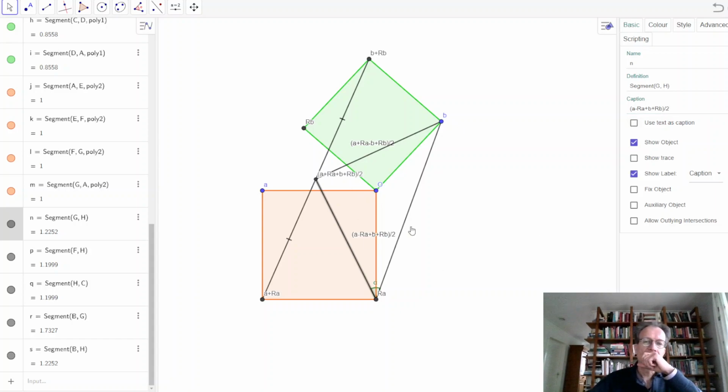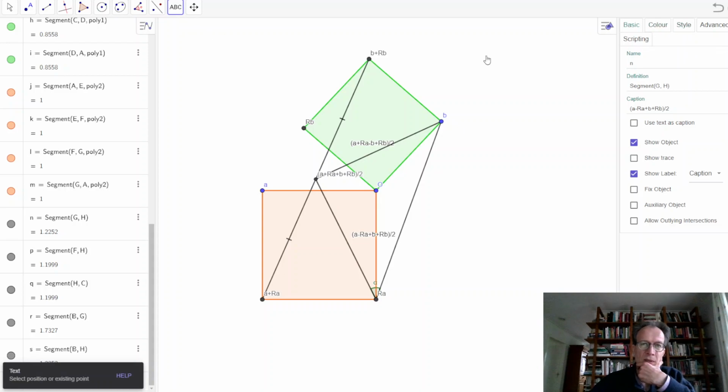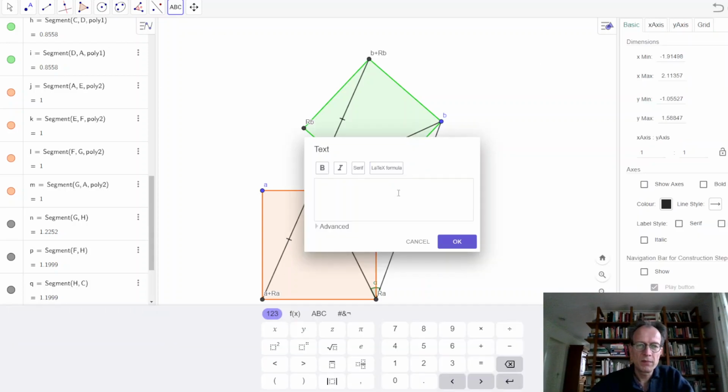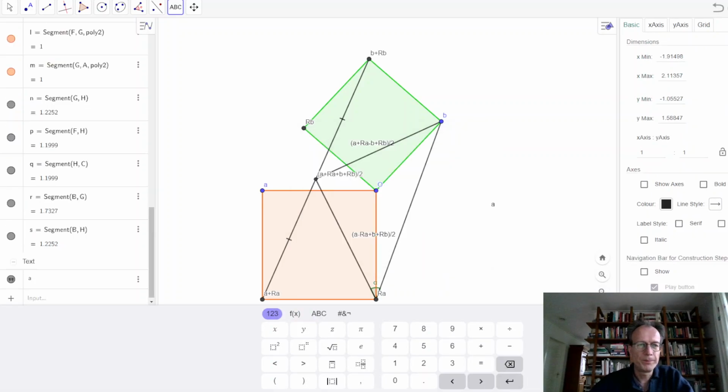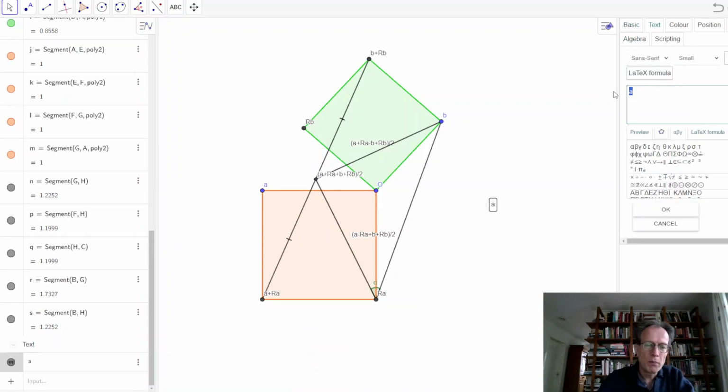That's that vector. And now I'm gonna apply the anti-clockwise rotation on this vector. So if I take this vector and let's put it over here. I'm gonna apply that anti-clockwise rotation over 90 degrees to A minus RA plus B plus RB, divided by 2.